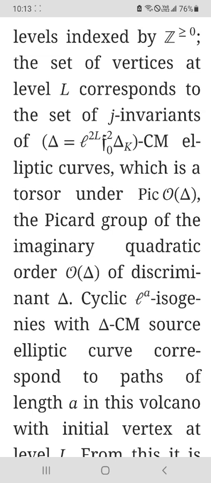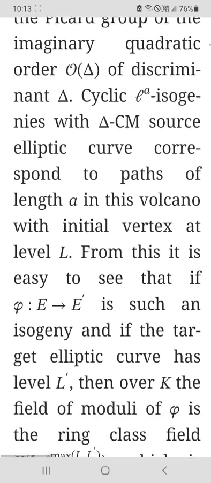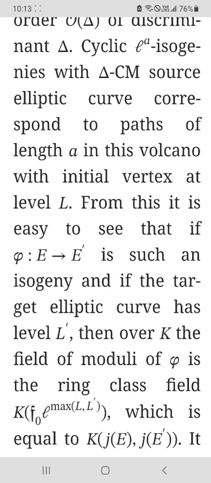That is the Picard group of the imaginary quadratic order O(Delta) of discriminant Delta. Cyclic L^s isogenies of a Delta-CM elliptic curve correspond to paths with length s in this volcano with initial vertex at level l.